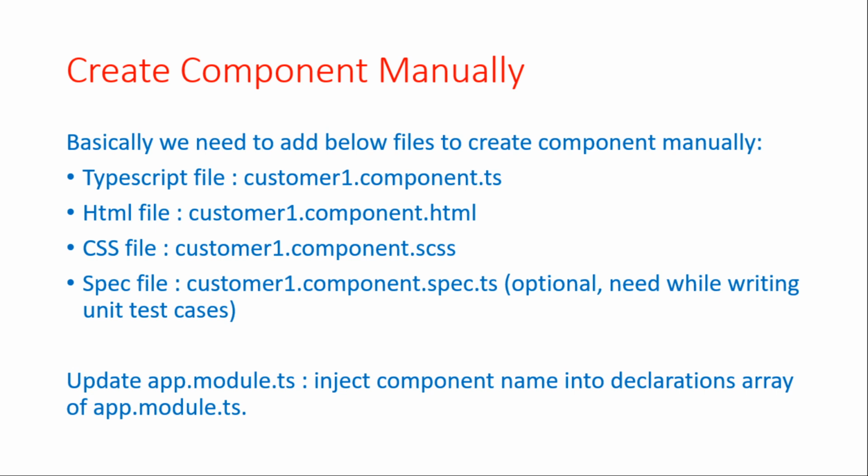And last, we also need to register this new component, like the customer1 component, in the app.module.ts file. App module is basically our root module. Once we add this component name into the declarations array, it makes this component available to all other components so that we can use it.